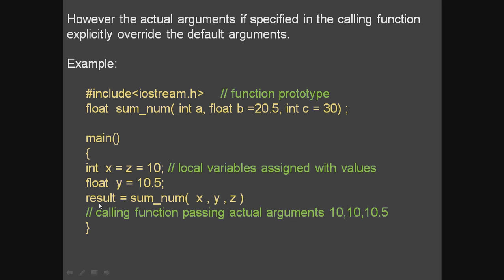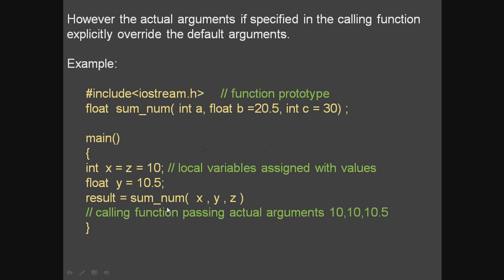So here result equals sum of num, so this is the calling function passing the actual arguments. In this case, the values assigned to the local variables are the actual variables, or you can call these the actual parameters. In the function definition, they are called formal arguments or formal parameters.